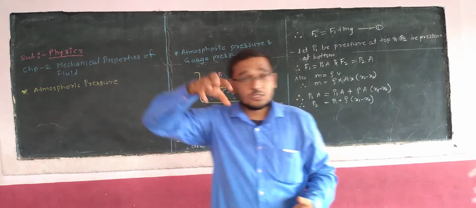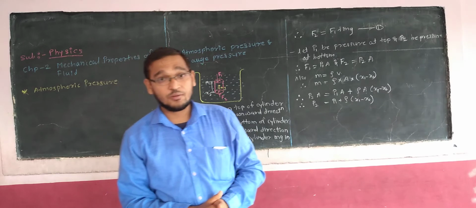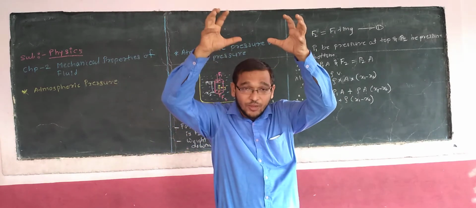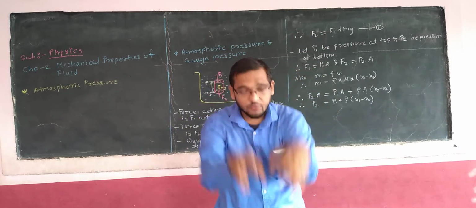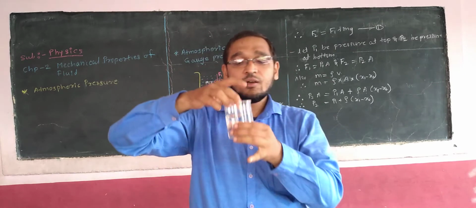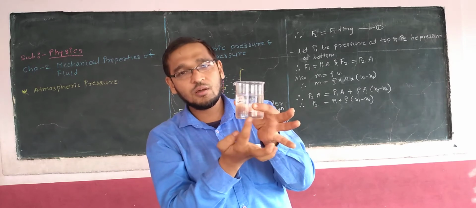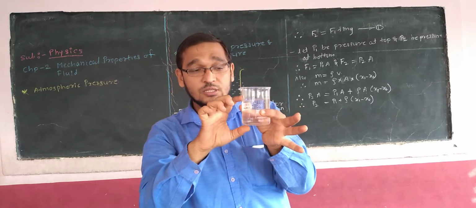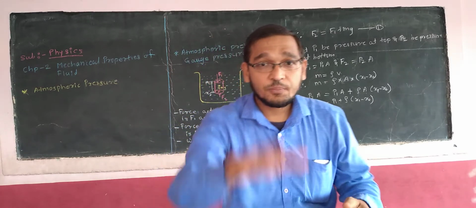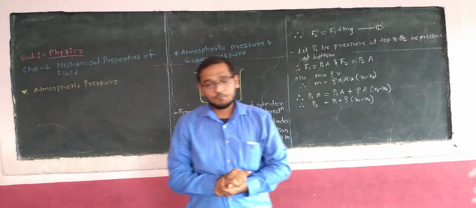Due to that, there is a pressure on the surface of the earth, which is called atmospheric pressure. What is atmospheric pressure? The pressure exerted due to the weight of the atmosphere on the surface of the earth is called atmospheric pressure. As we saw here, the pressure exerted by this liquid water on the surface of the beaker is pressure due to the liquid. In the same way, the atmosphere exerts pressure on the surface of the earth.